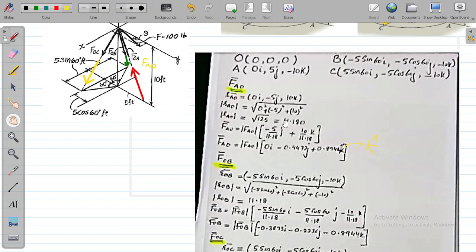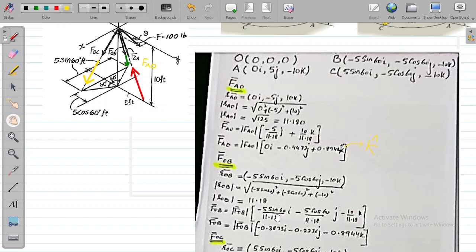It is the same as what it was over here, 11.18, because here it was 5 and 10, and now it is minus 5 sin 60, minus 5 cos 60 and minus 10. Again it is by chance coming the same, 11.18. So vector FOB will be equal to the FOB magnitude times ROB divided by ROB mod.